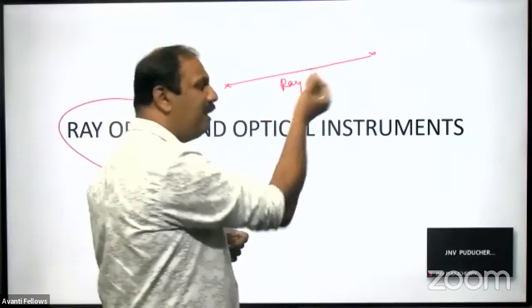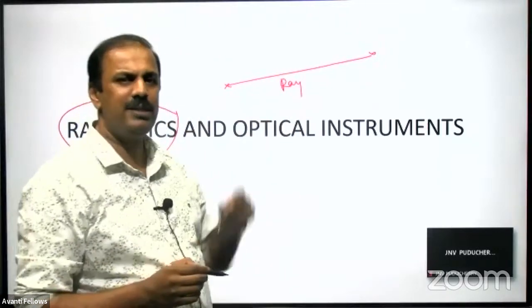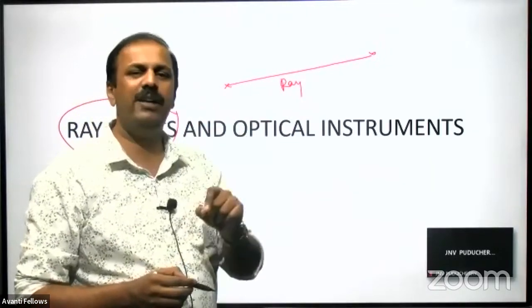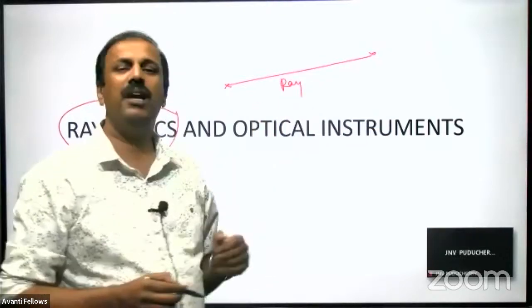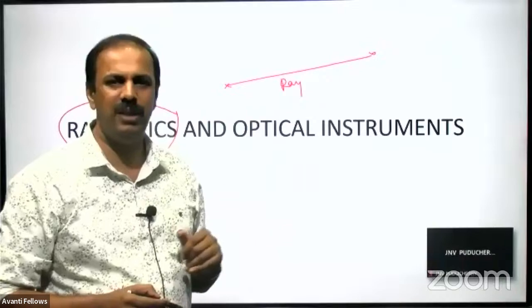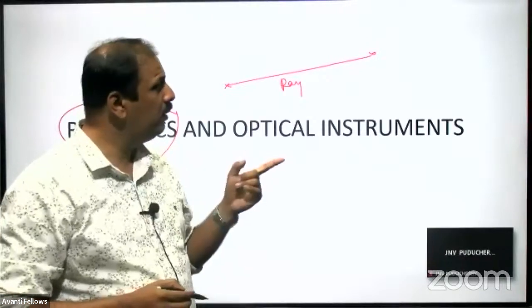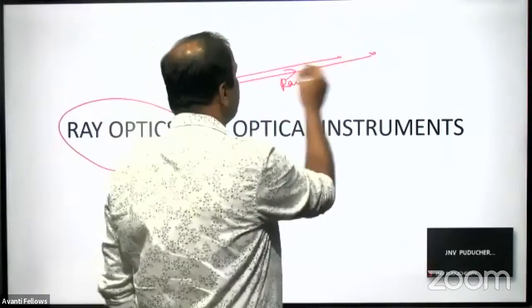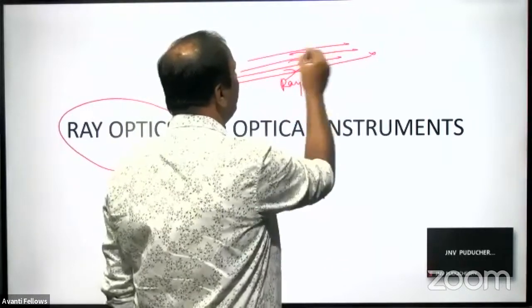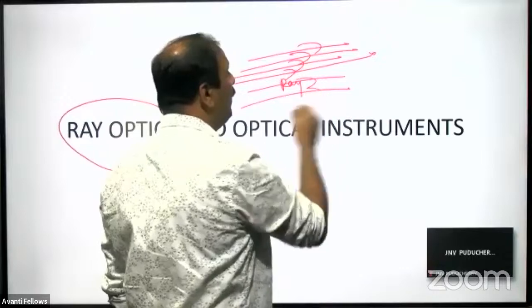So you will get a definition for that ray of light also. That is, light is considered to move in a straight line path from one point to other, and the straight line path is called a ray of light. You might have studied this one in 10th standard also. Now, many rays are there together. This is one ray. Like this, many rays are coming together, then it is called a beam of light.